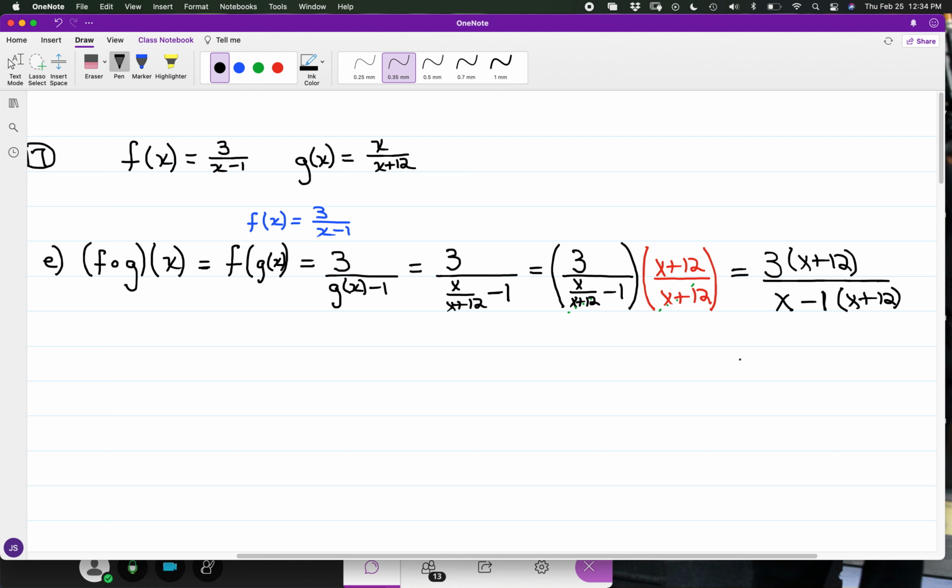Following through, I have 3 all over x plus 12, and we have x and negative 1 over x plus 12, so we have negative x and a minus 12. And if you notice, the x's are going to cancel each other.